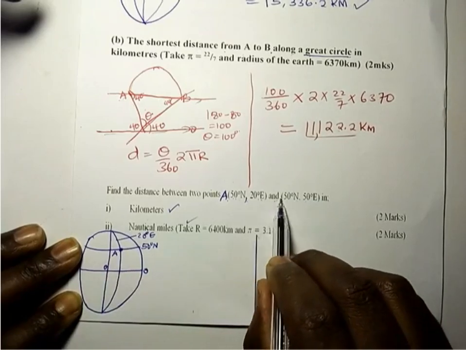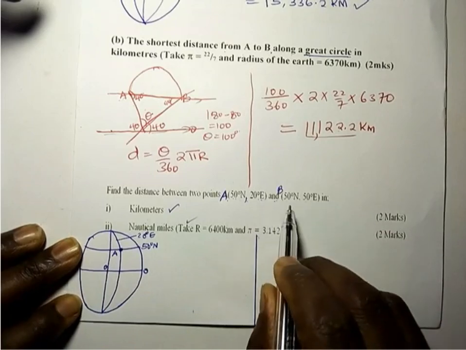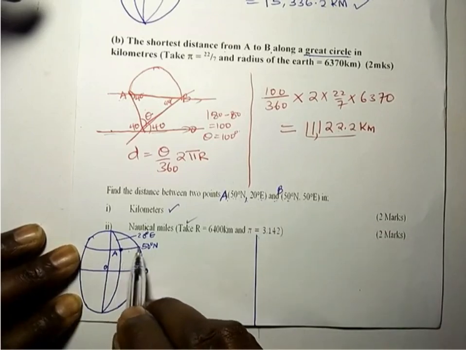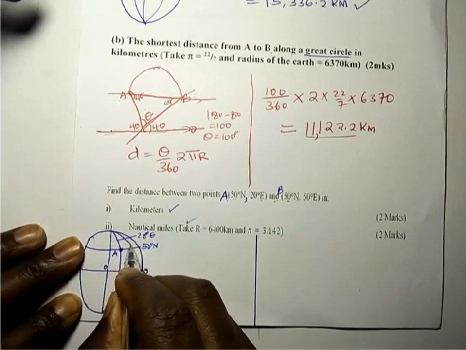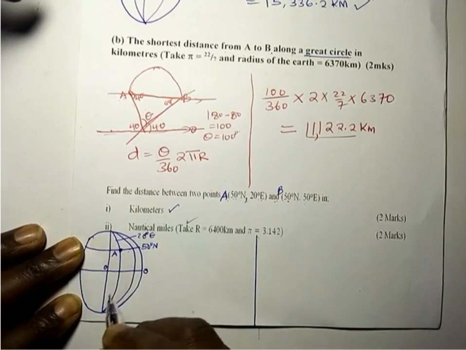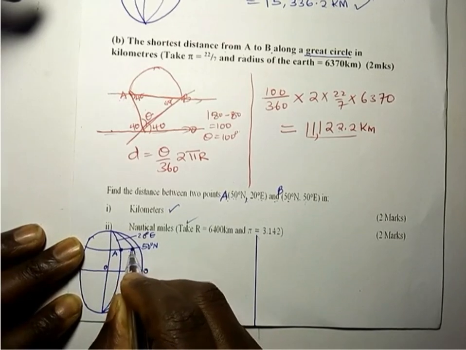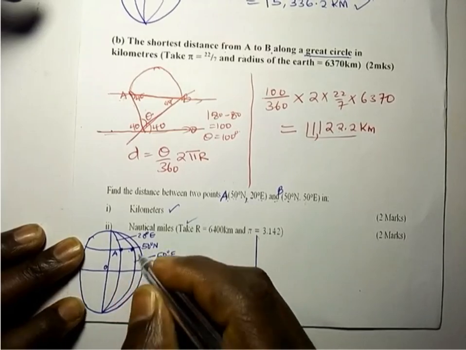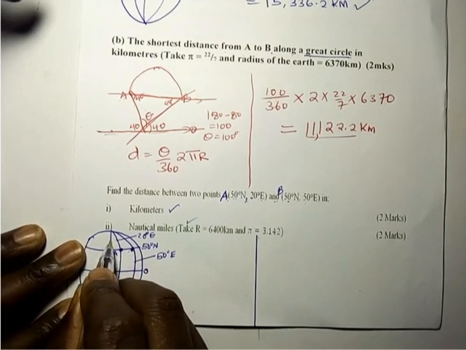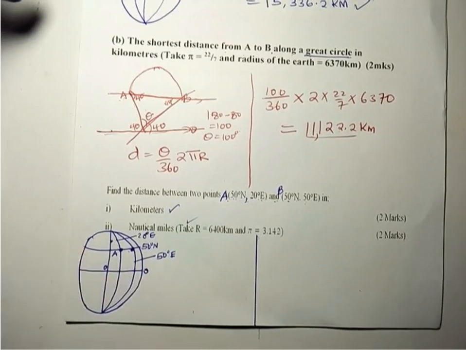And then we have B. 50 north, the same latitude, 50 east. So 50 east could be somewhere here. So this is 50 degrees east. Their center is there.